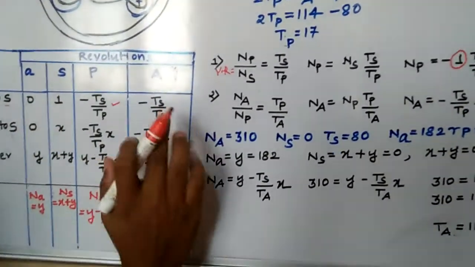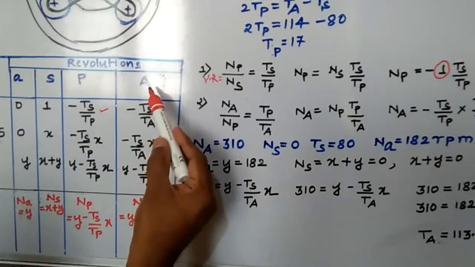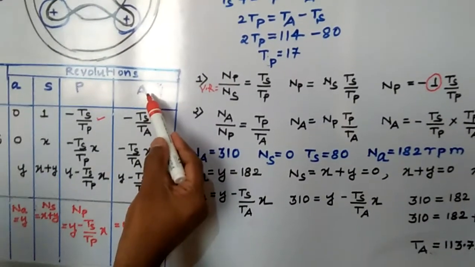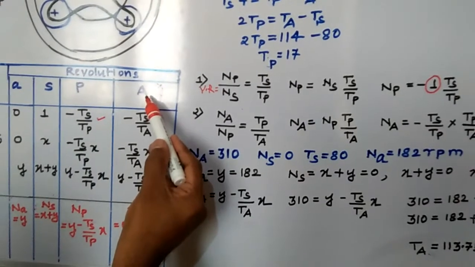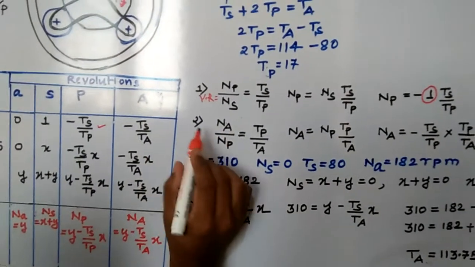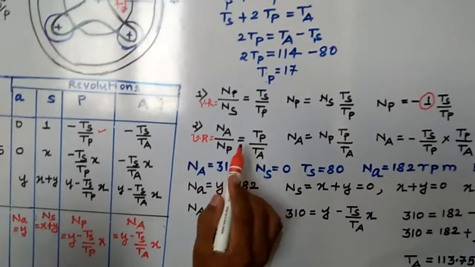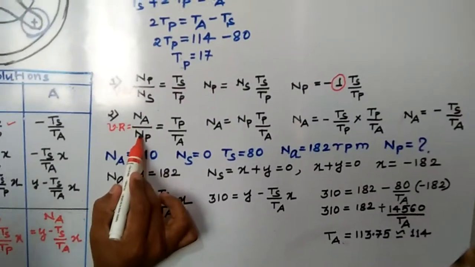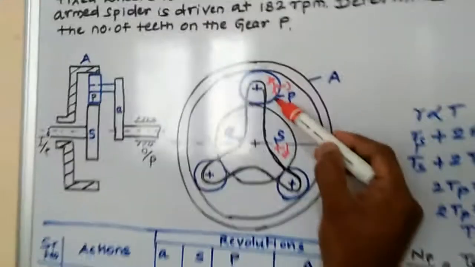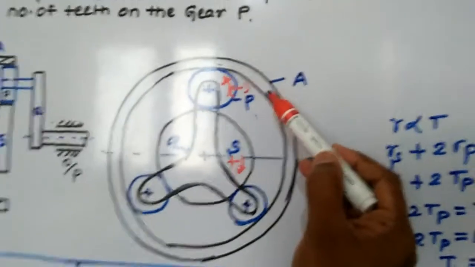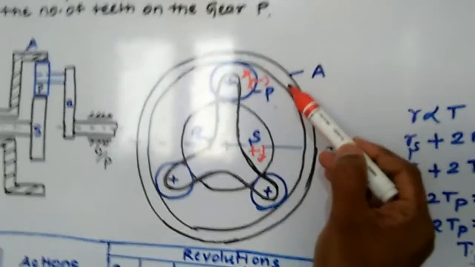Then second, we have to find the speed of the annulus gear, which is also called the ring gear. For this also you have to go for the velocity ratio, NA by NP. Here NP becomes the driver, NA becomes the follower or driven.